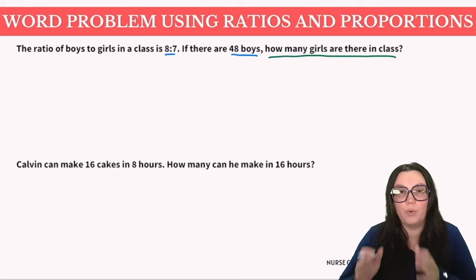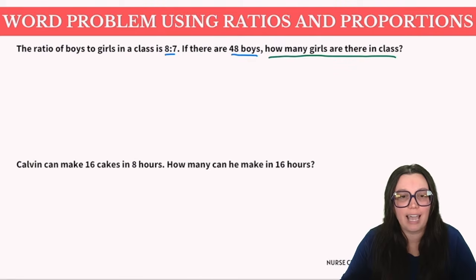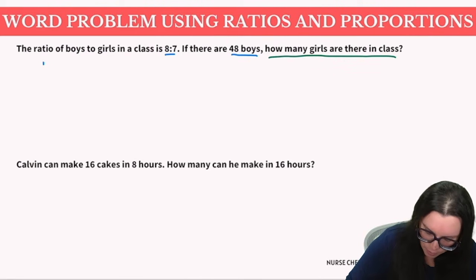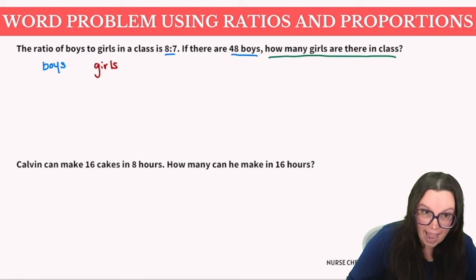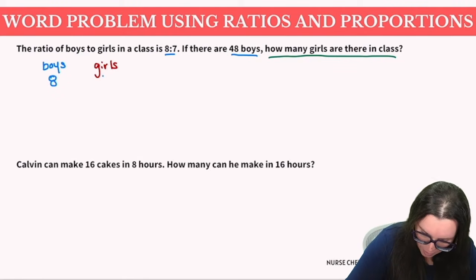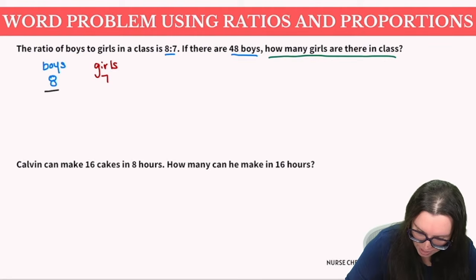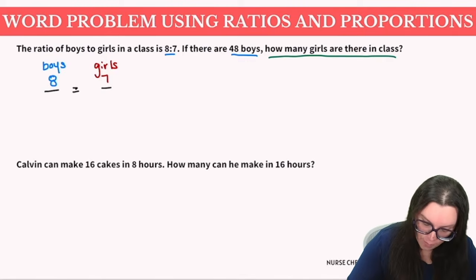What I want to do is organize everything that I need to know. I'm going to put the boys on one side and the girls on the other side. I know that there is an 8 to 7 ratio of boys to girls. Those are going to be my numerators on both sides of my equation. I know that I have 48 boys. What I don't know is how many girls I need.